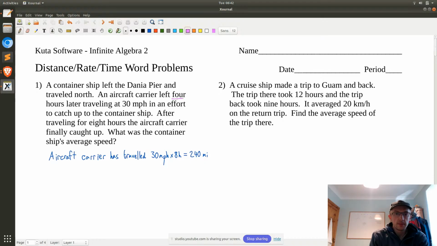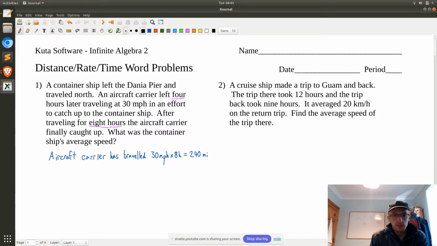That's what's going on. So imagine you're on the container ship. You left at lunchtime, noon, and then it's midnight. And that's how long you've been on the sea for. And as for the aircraft carrier, you left at 4 p.m. and then you catch up to the container ship at midnight.